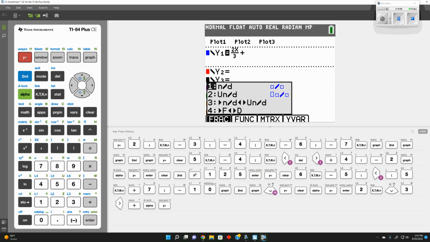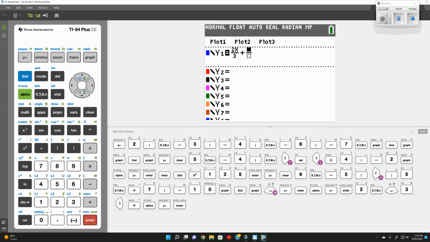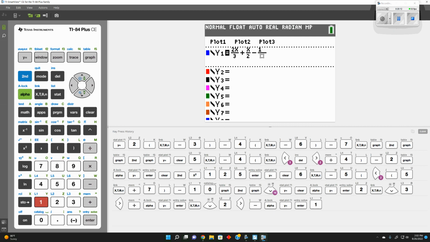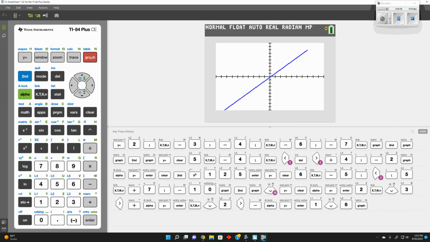Alpha y equals enter, x over 2, minus alpha y equals enter 1 over 6, and hit graph.